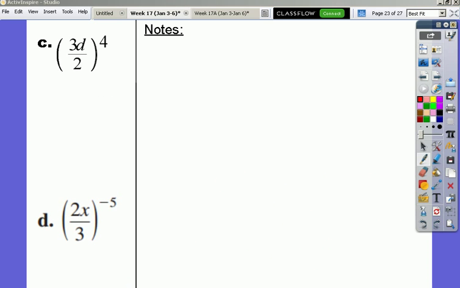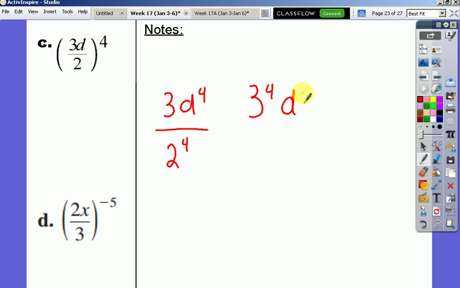All right, how would we approach C? I'll give you two options and you tell me which is correct. First or second one?